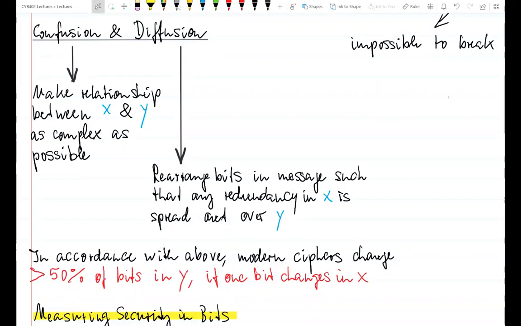So you rearrange the bits in a message such that any redundancy in X is spread out over Y. So any change in the input, in the plain text, the changes are spread all over the ciphertext.